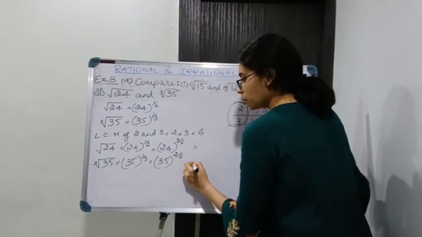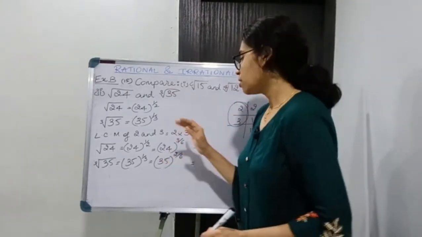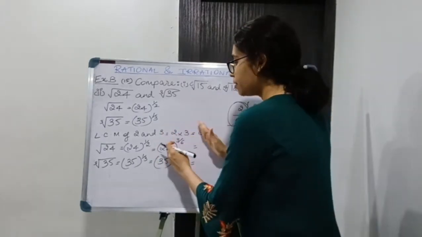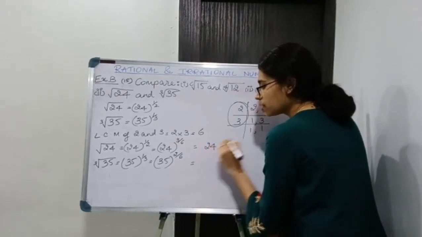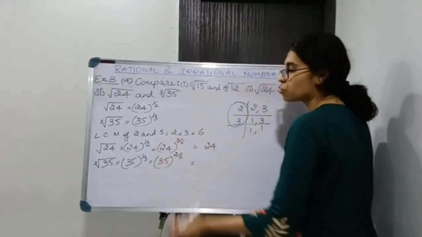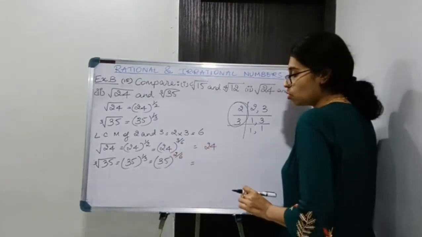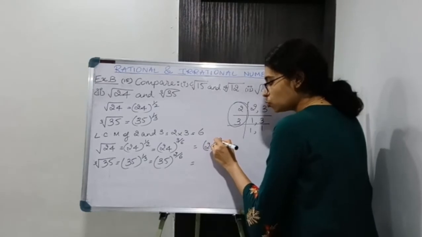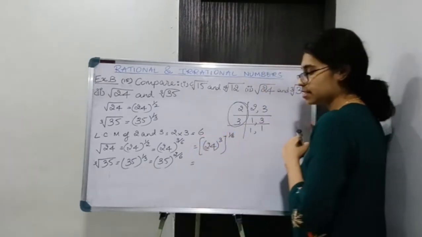Now, the upper number, that is the numerator, you will make it the power of this number and separate it from the denominator. So I'll be splitting over here. So it will become 24 raised to 3, all raised to 1 by 6.